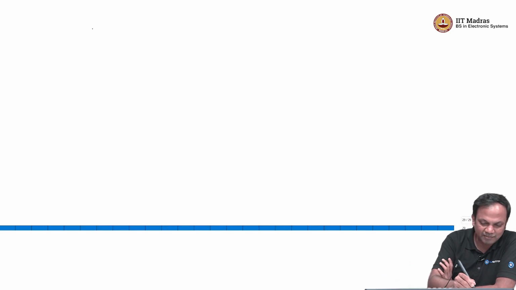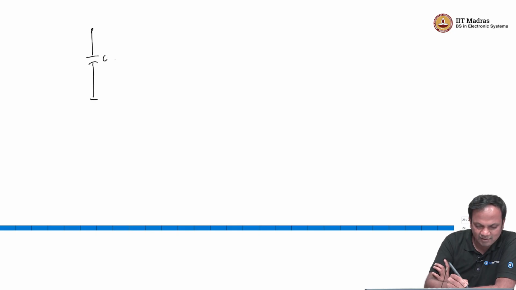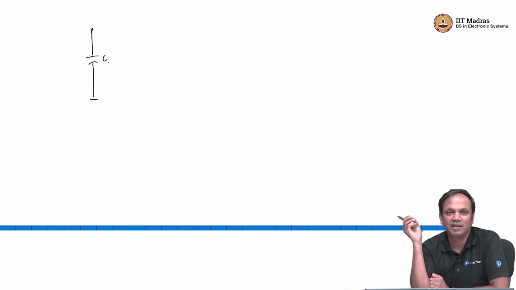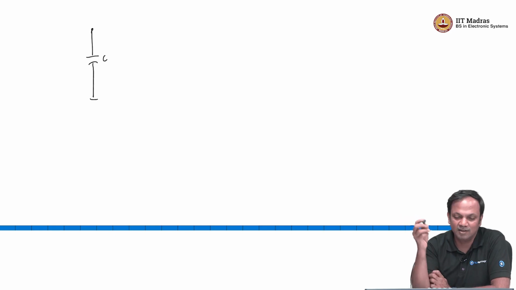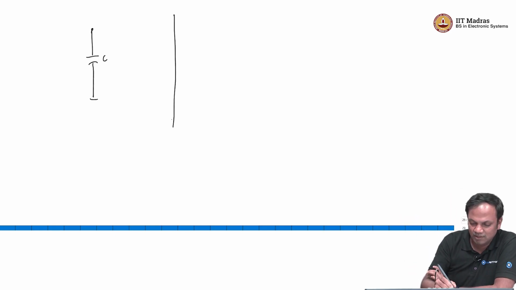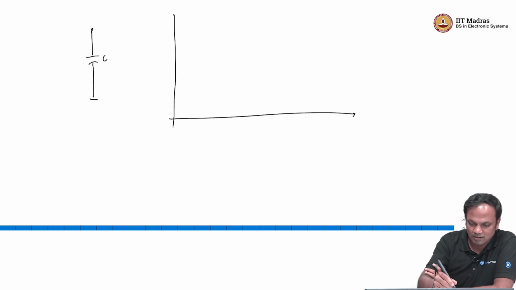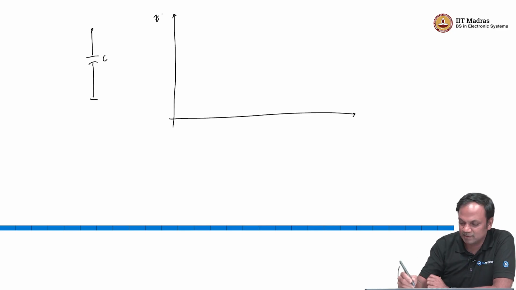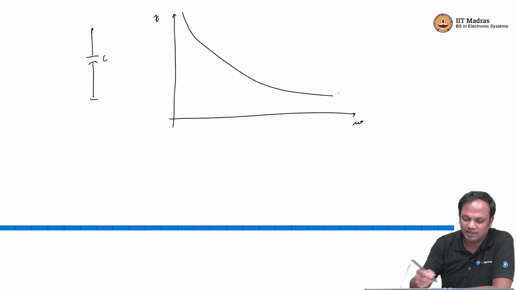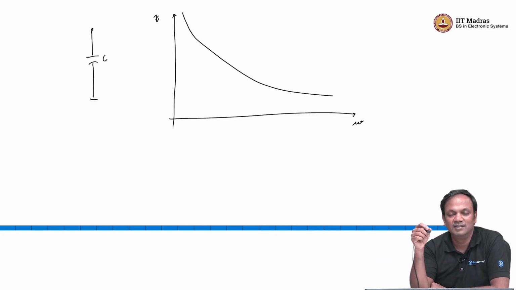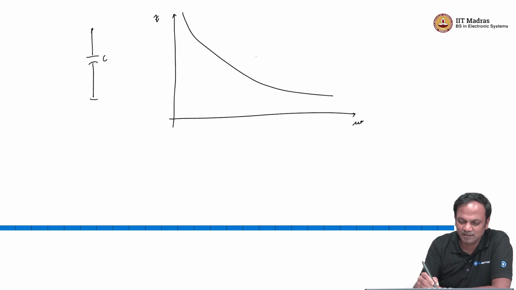One component that we are familiar with is the capacitor. How do the capacitor's characteristics look as a function of frequency? If you were to plot impedance as a function of frequency, again pardon my curve, the capacitor will do something along this line.